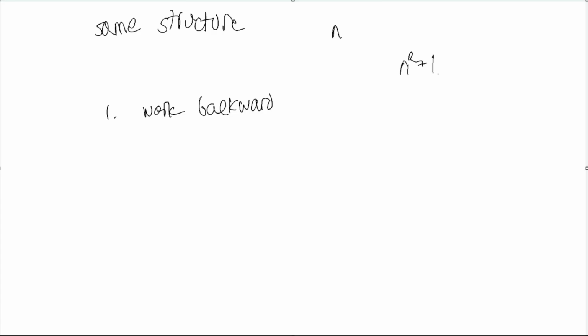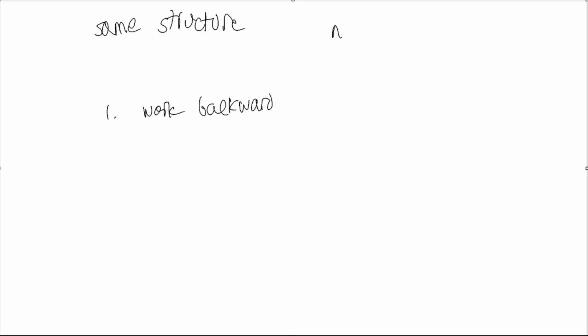So for example, if you want to prove that n squared plus 1 is prime for infinitely many n, then you must know that n is even. Because if it's odd, then it's obviously divisible by 2 when n is large enough. So that's what I mean by working backwards, where you can just extract conditions from n to continue going.